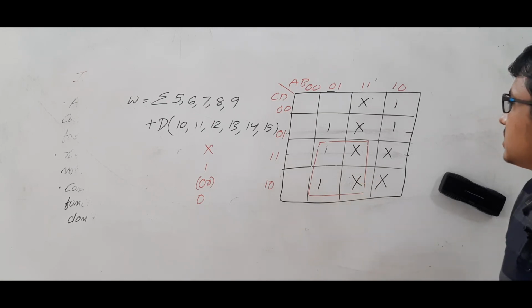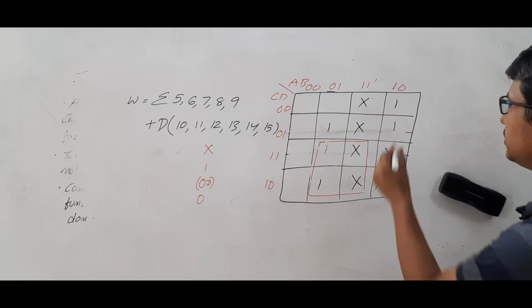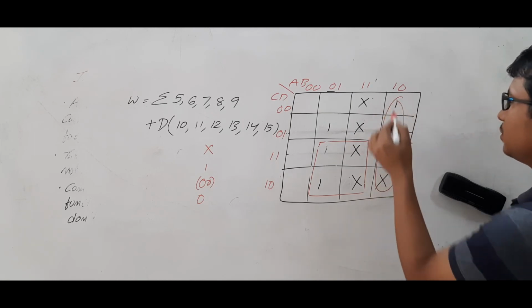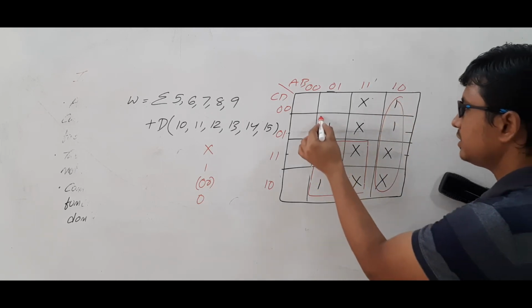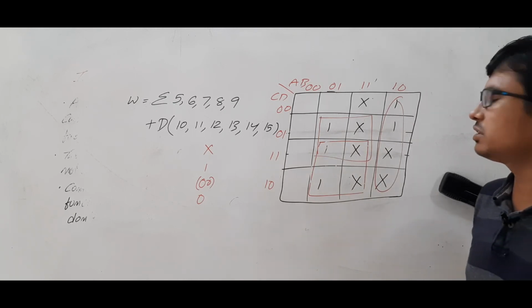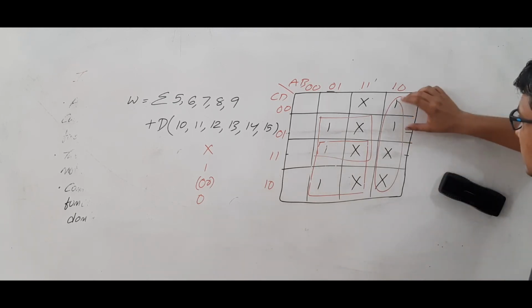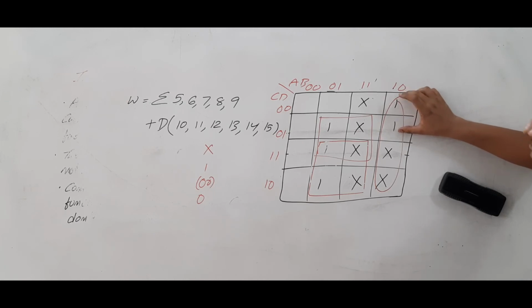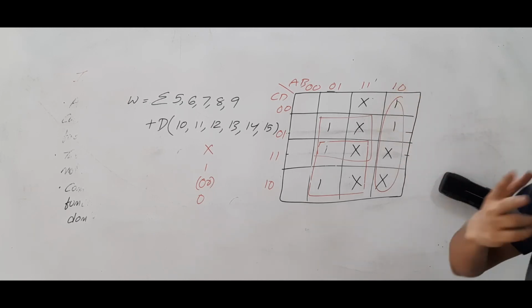Okay, are you able to understand? Now, these two ones and these two I will combine, and with this one I will combine. So how many groups did I get? I got 3 groups. These two ones, if I combine alone, I will get a group of only 2 ones.